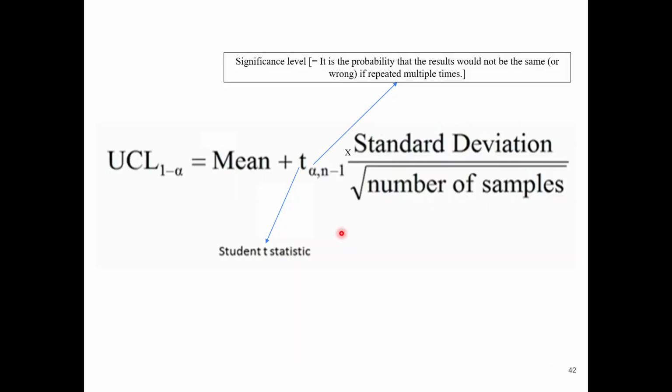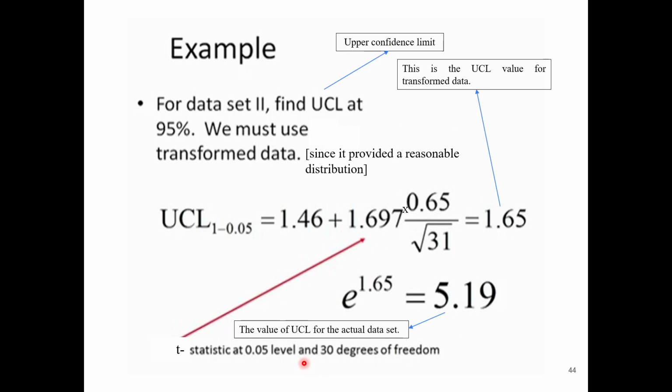That was basically the t alpha, n minus 1 value for 0.05 and 30. So t 0.05, 30 for a one-tail test is 1.697, times 0.65, which was the standard deviation, by the square root of 31, which was the number of samples. This is 1.65.